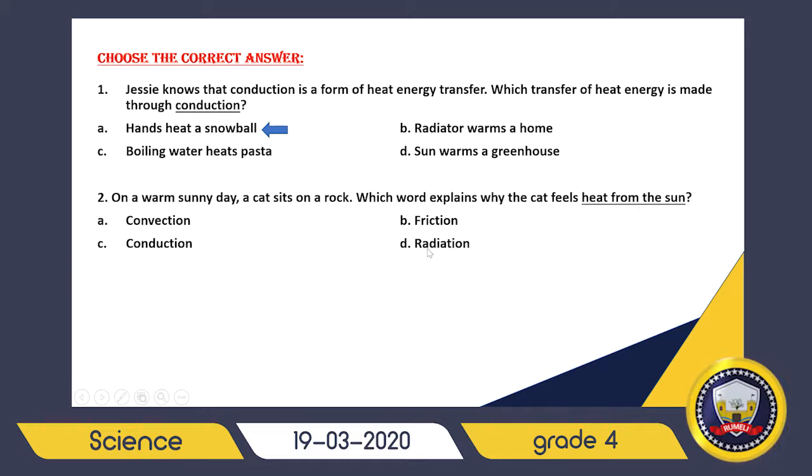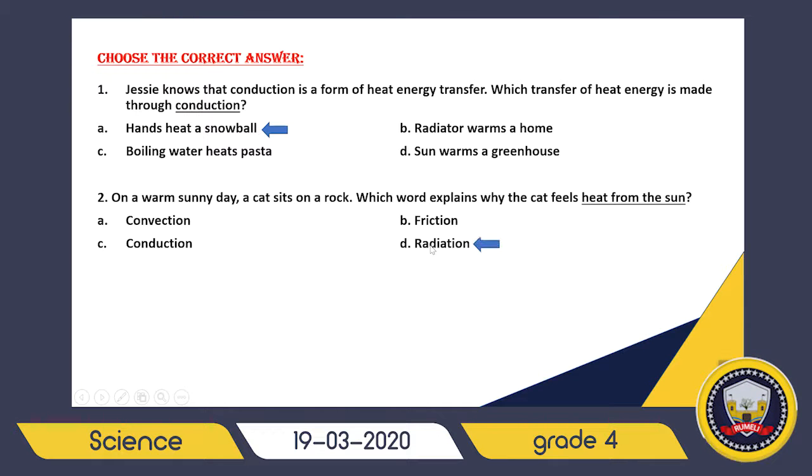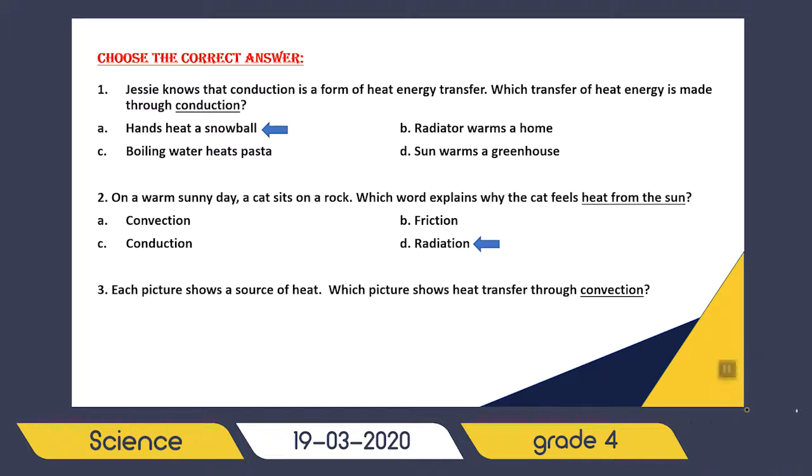Of course, friction is not one of the ways of transfer of heat. Of course, radiation, because it's the heat of the sun. As we have said before, the heat of the sun is transferred to the earth by radiation.